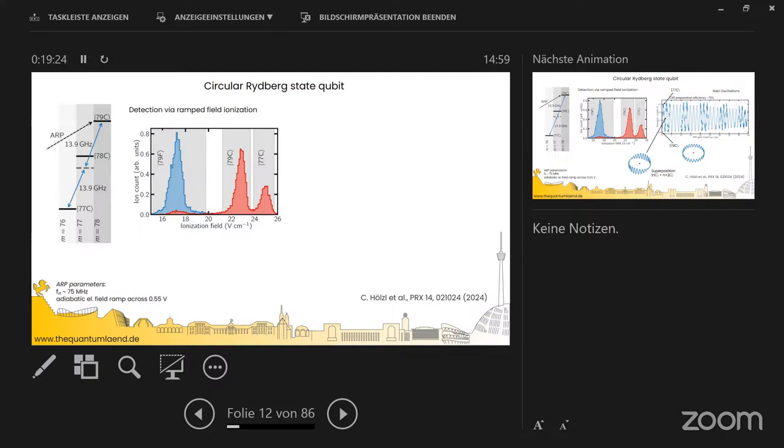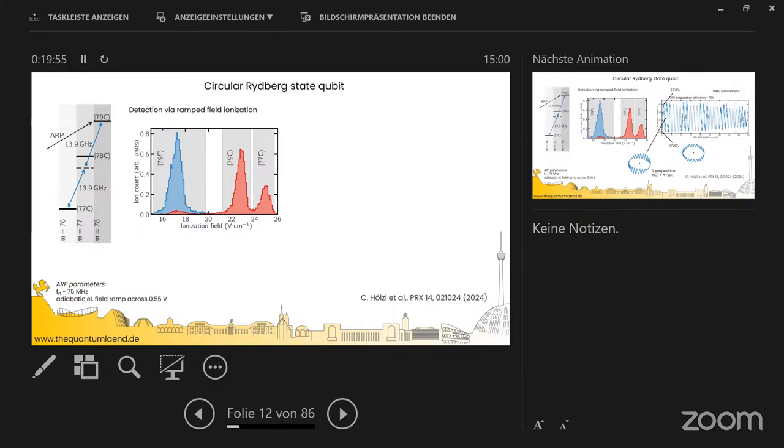And the way we detect them, so we also have to detect which Rydberg state we are in, is via field ionization and ion detection on an ion detector that sits inside the chamber. Then we can detect such traces here. These are counts on an ion detector as a function of the ionization field, and this allows selective detection of Rydberg states.